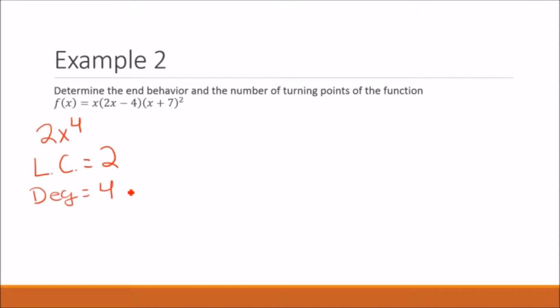So because the degree is equal to 4 and the leading coefficient is positive, the end behavior we have is it rises to the right and rises to the left. And we also have that the number of turning points is at most 3.